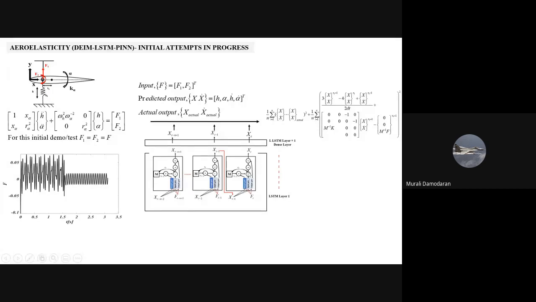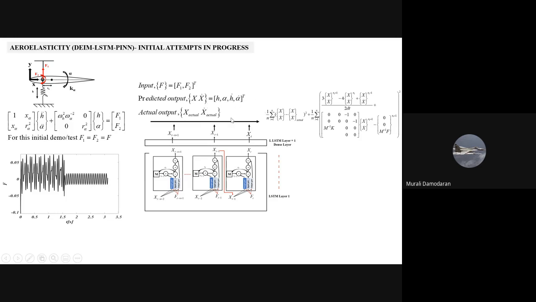The output coming out is put into the physics network. The physics is this equation here, the structural response, because the outputs are h, alpha, h dot, and alpha dot. This second order differential equation can be converted into a first order one, so you have an expanded system. And that gives us this system we want to predict.